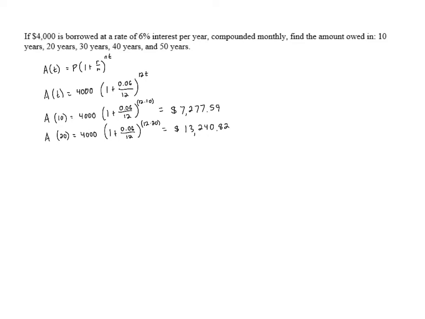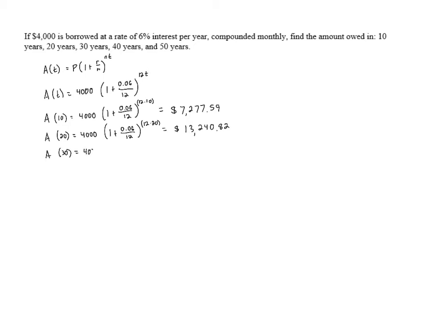So the lesson that we're learning, hopefully very quickly, is that if you don't start paying off your student loans very quickly, they can double or triple in how much you owe over the course of 10 or 20 years. But let's continue. Let's look at what happens when we wait 30, 40, or 50 years.